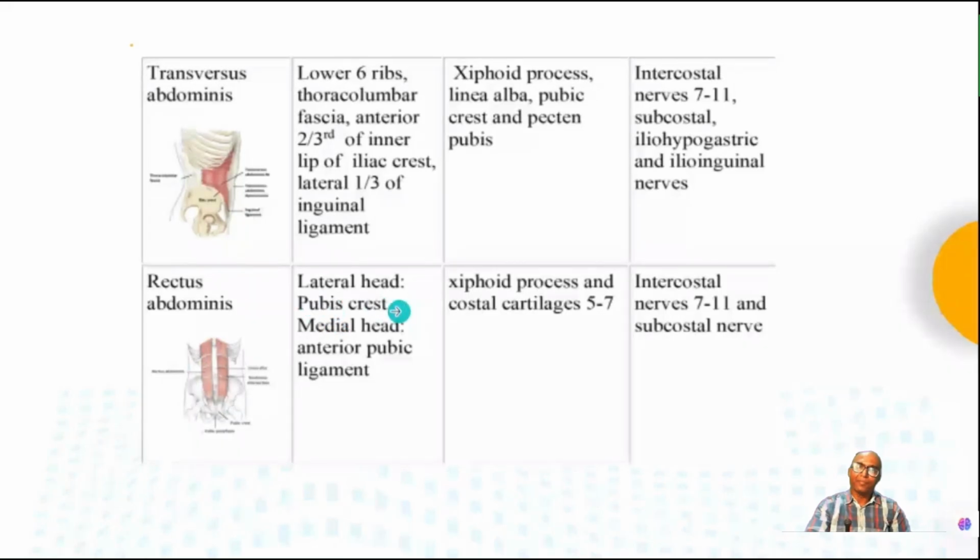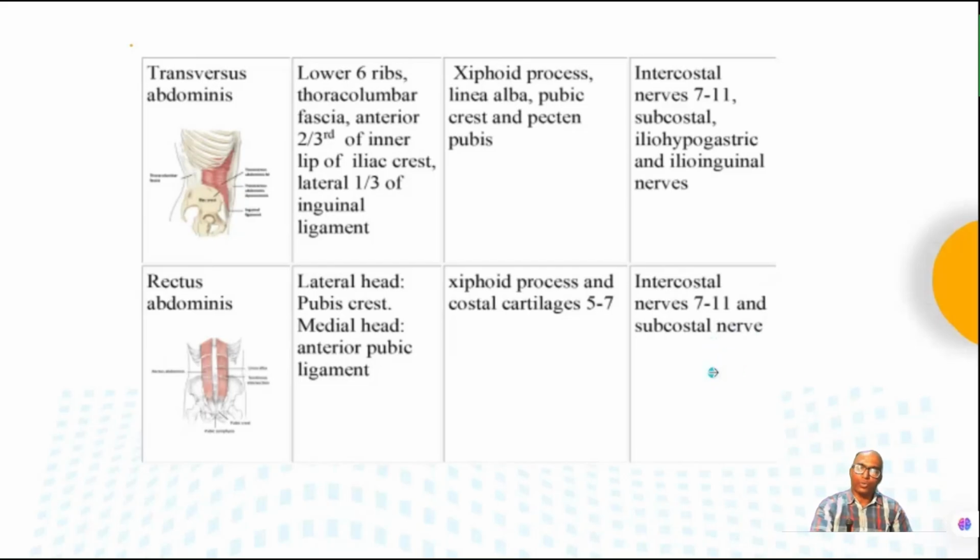So the lateral head is coming from the pubic crest, and the medial head is coming from the anterior pubic ligament. So it has got two heads. It is inserted over the xiphoid process and costal cartilages 5 to 7, with the same nerve supply as the external oblique, that is intercostal nerves 7 to 11 and subcostal nerve.